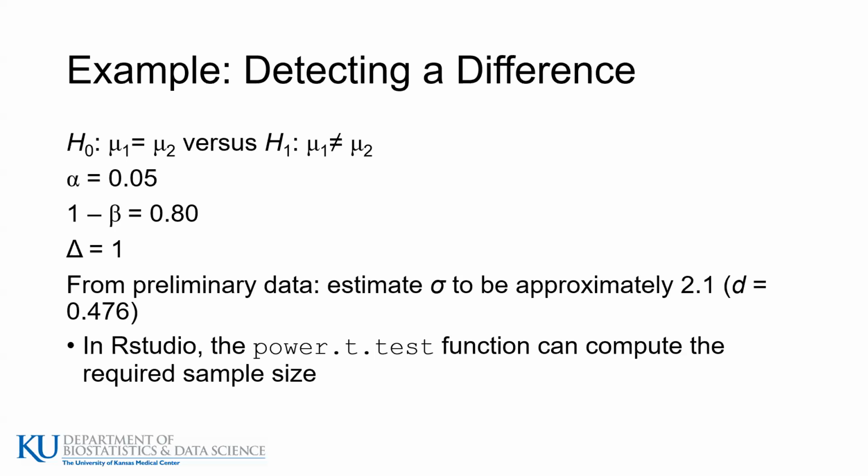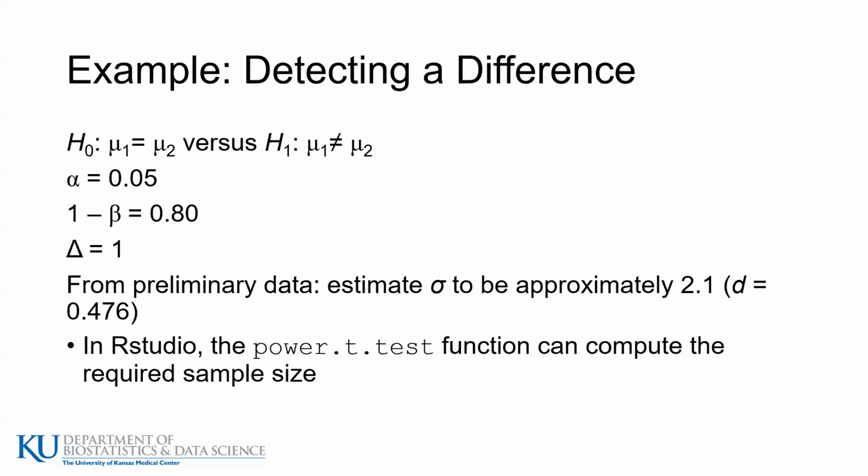So going back to our example, from preliminary data, we have an estimate of the standard deviation of approximately 2.1, which gives us a Cohen's d of 0.476. So there's software that can be used to estimate the power or the sample size.